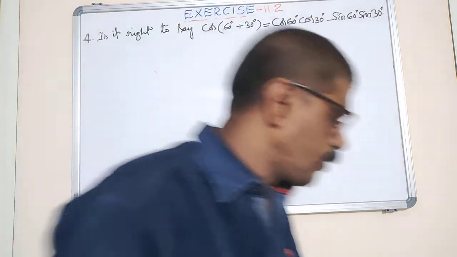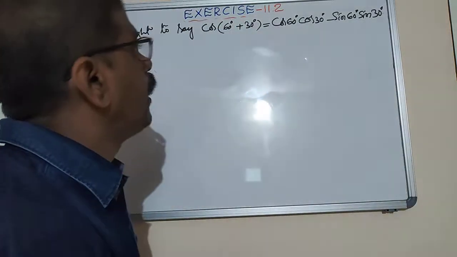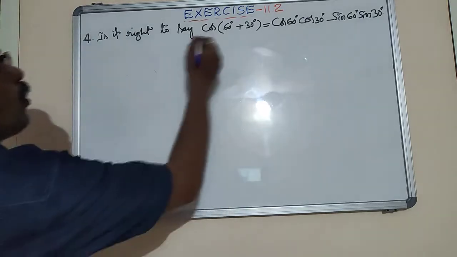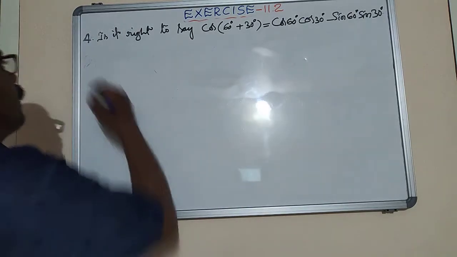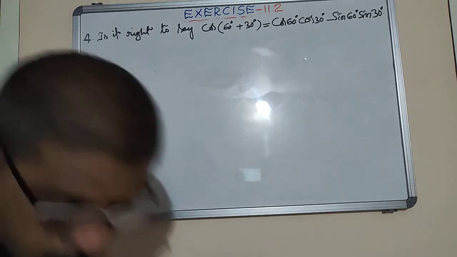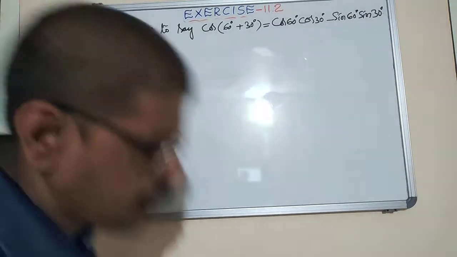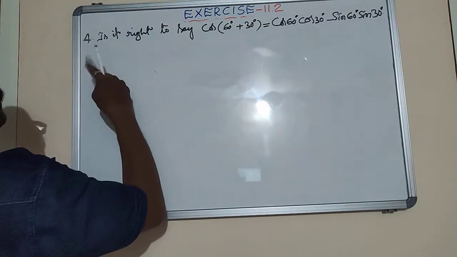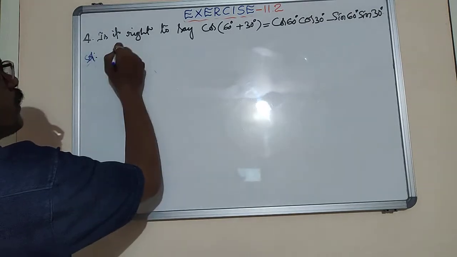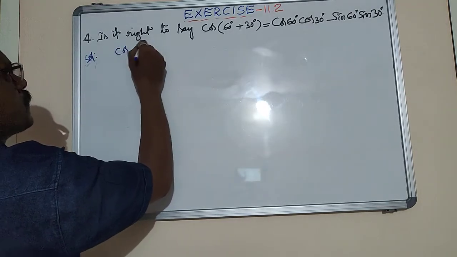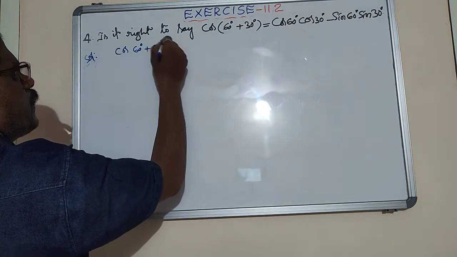Okay. Now, first of all, we can write the solution part. First one, cos 60 degrees plus 30 degrees.